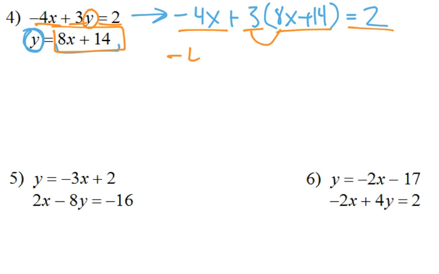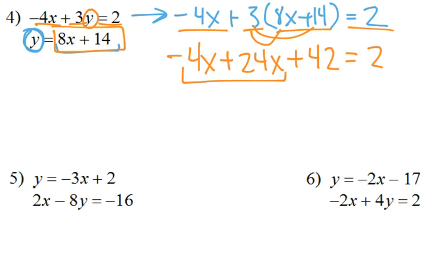Simplify, so negative 4x plus 3 times 8 is 24x. 3 times 14 is 42, equals 2. Negative 4x and 24x would simplify to 20x. Subtract 42. 2 minus 42 is negative 40.